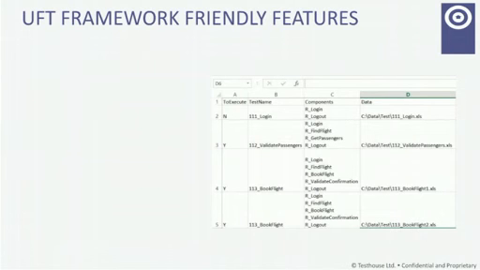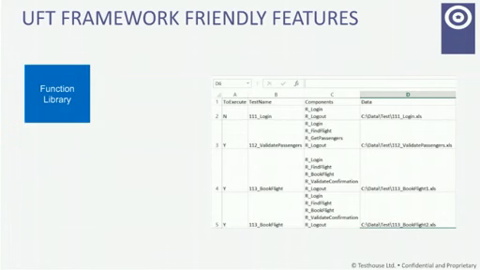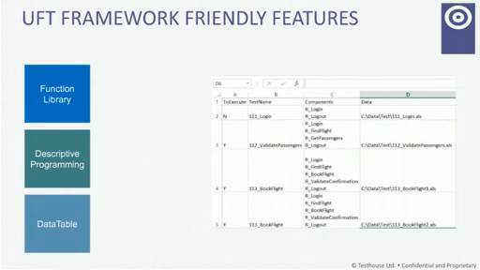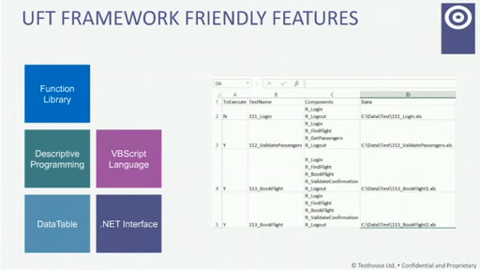There's also a few other aspects which make it easy for you to build frameworks. There's what we call a function library, so it's VBScript functions you can write and reuse across tests. Descriptive programming is a very useful one. It allows you to build test objects on the fly.